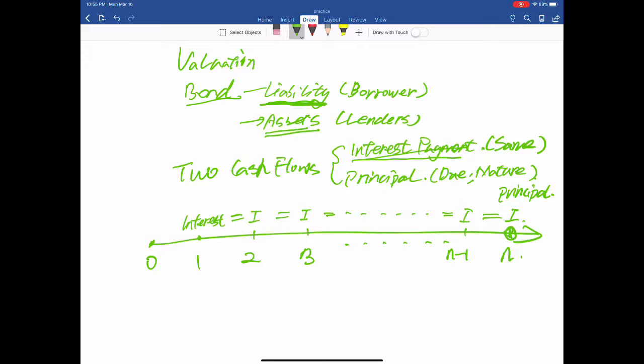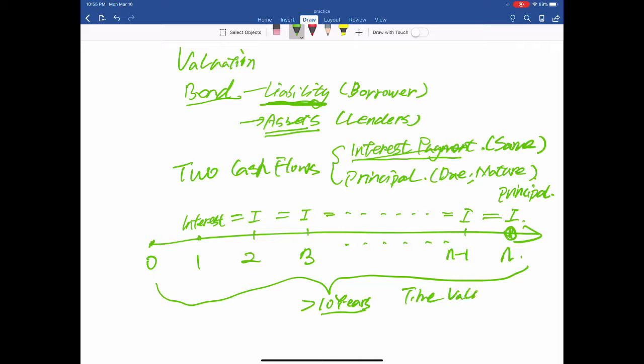Because bond is usually long term, usually greater than 10 years, we know this is a long time, so we should consider what? Time value of money. Okay, so the valuation of bond actually is to calculate the present value of these cash flows.